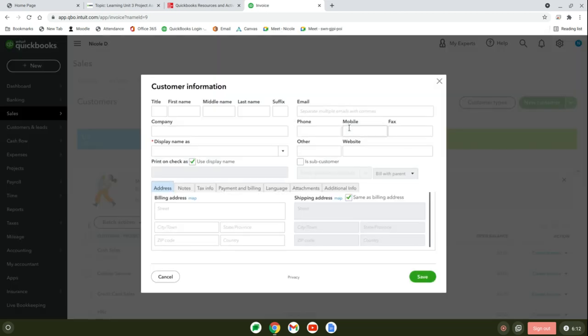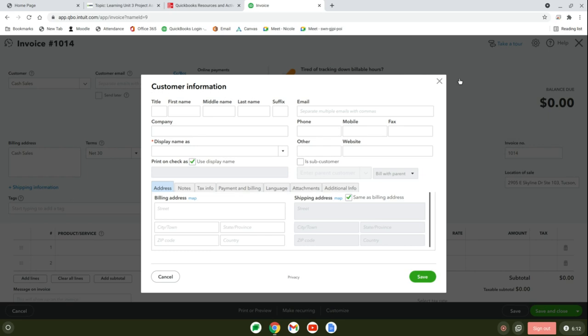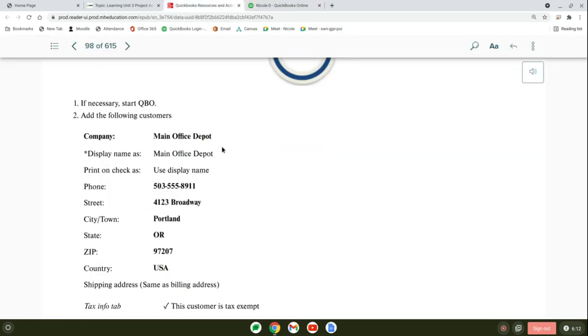That customer information window is going to pop up, and you are going to put the following information in there. Main Office Depot, automatically these two things will populate. The address is 4123 Broadway, Portland, Oregon, 97207. The country is USA.